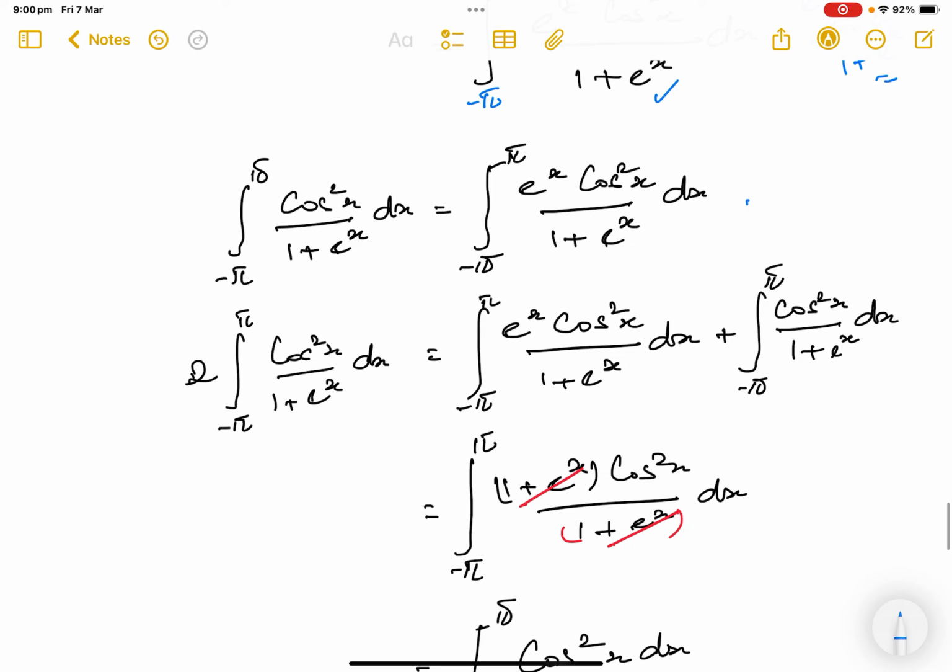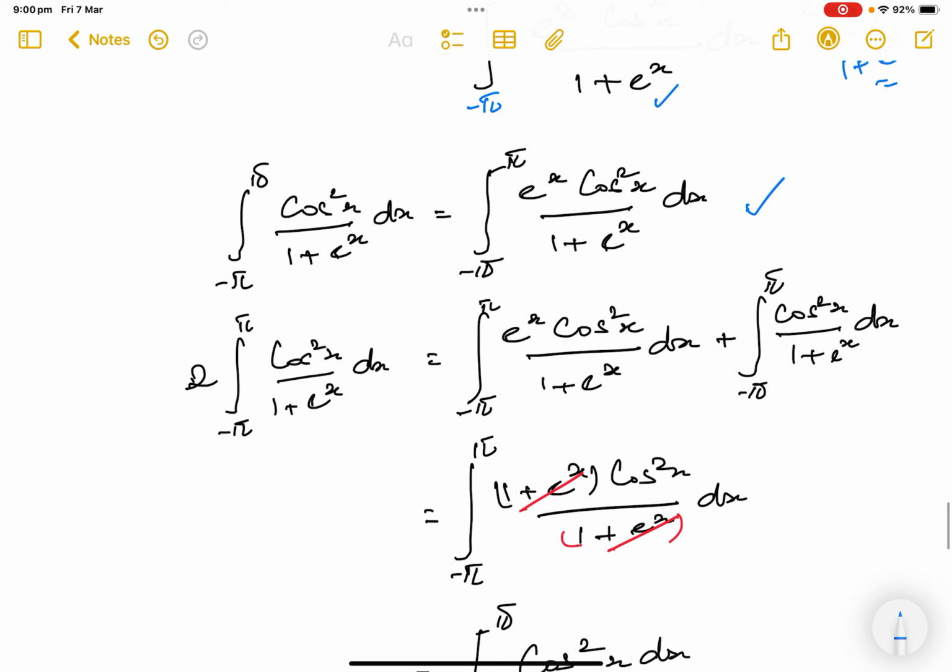We have proved this with the given formula.